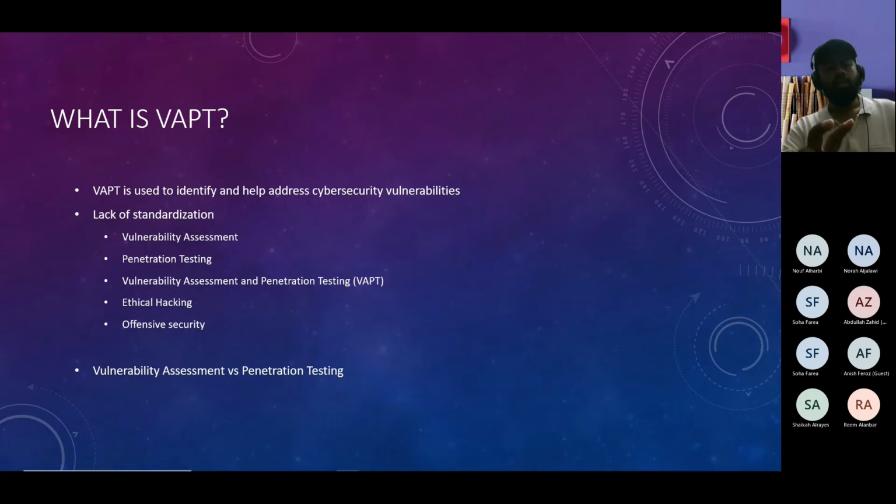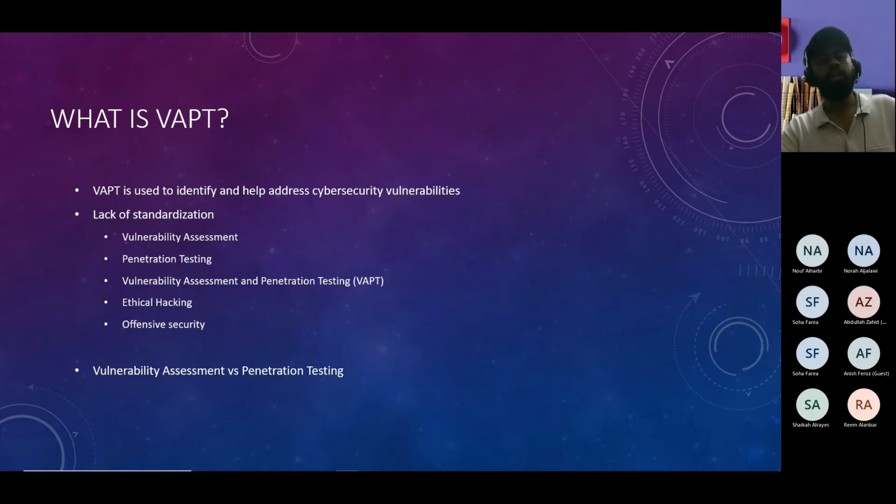Now, one thing I want to specify: VAPT, as a cybersecurity service, lacks standardization. When a field lacks standards, different people call the same field by different names.